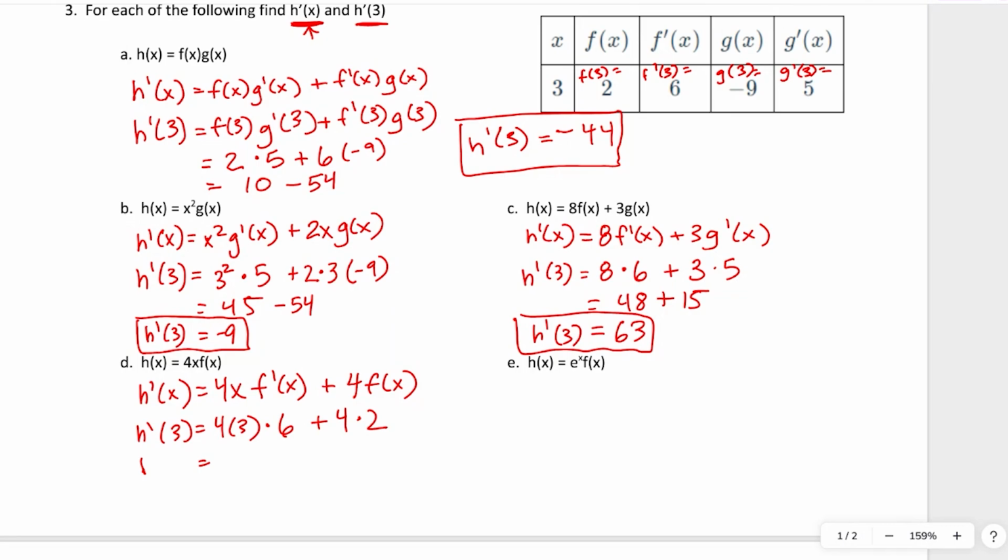So this is going to equal 12 times 6 plus 8. 12 times 6. Okay, well, 10 times 6 is 60. I'm just narrating how I get there. 10 times 6 is 60, but I got 2 more 6s, so that's 12. So 60 and 12 would be 72, plus 8 is going to be 80.